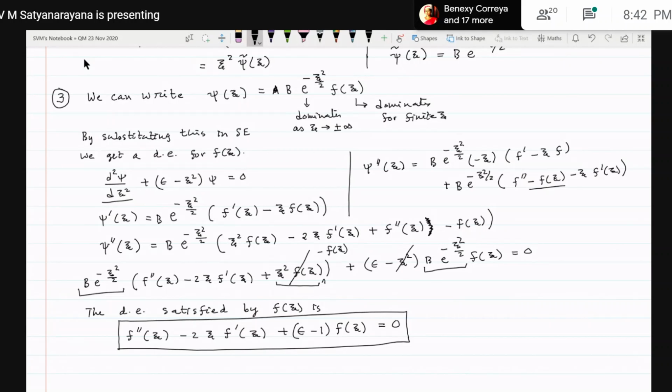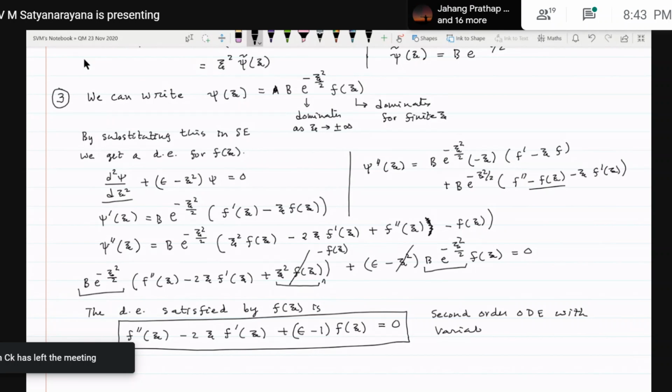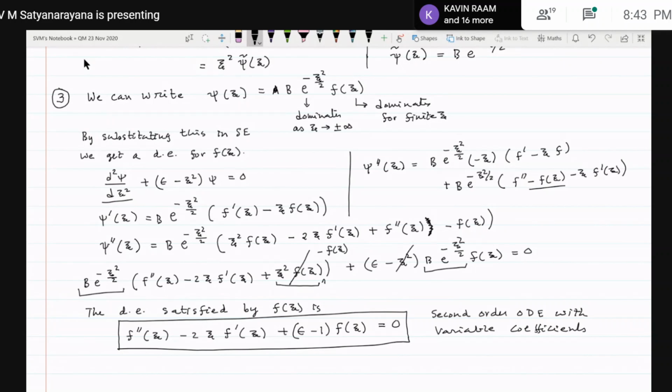So notice that this is a second order ordinary differential equation with variable coefficient. Okay.